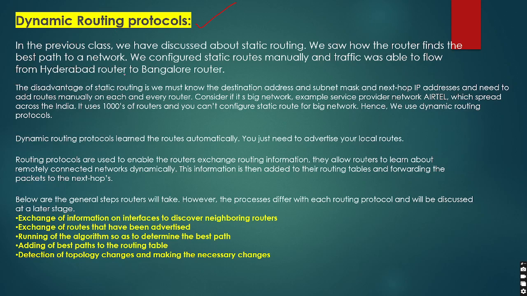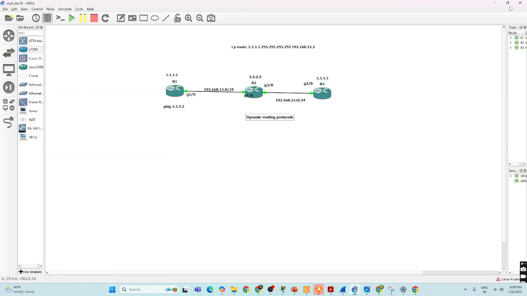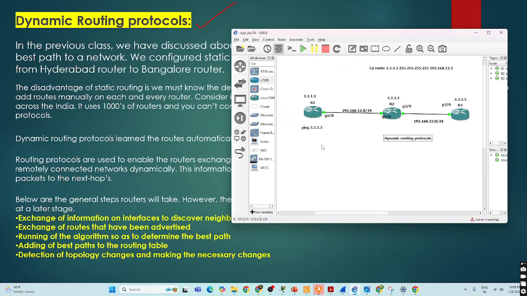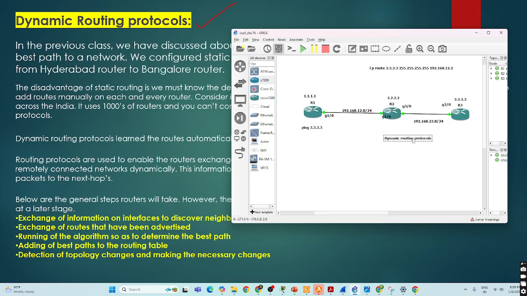Once you configure a dynamic routing protocol on both the routers, suppose on R1 and R2, whatever it is, dynamic routing protocols are of two types, I'll tell you.